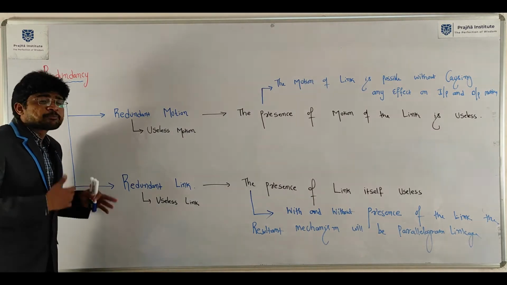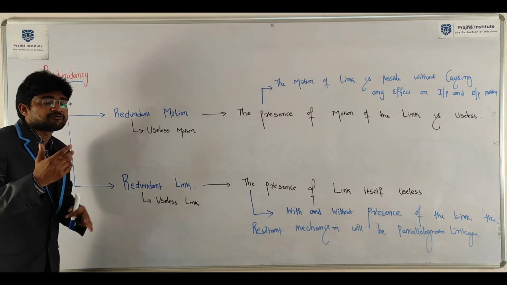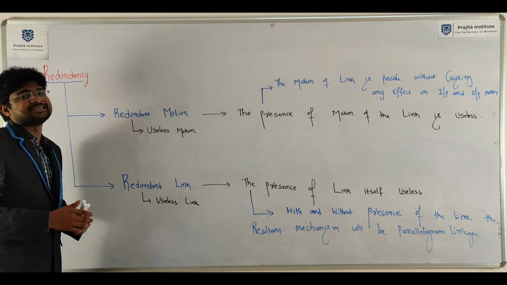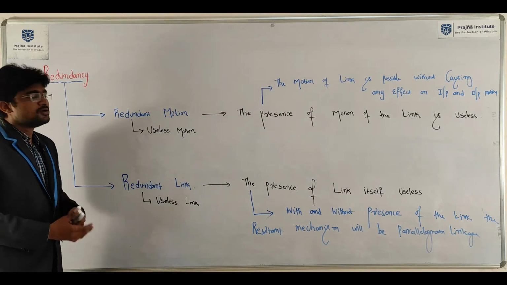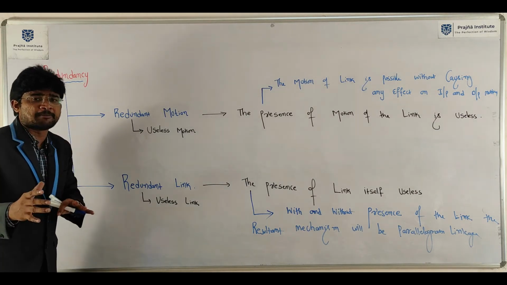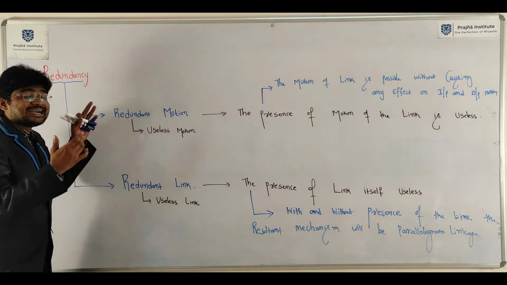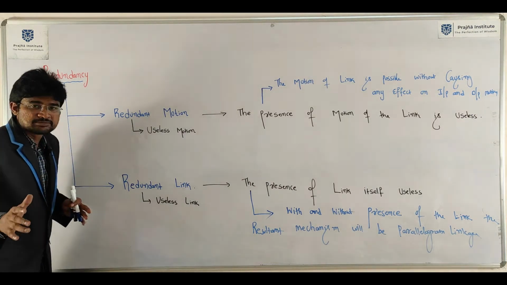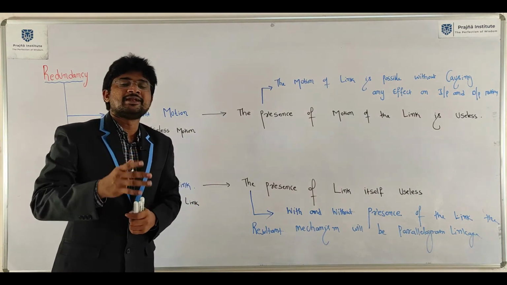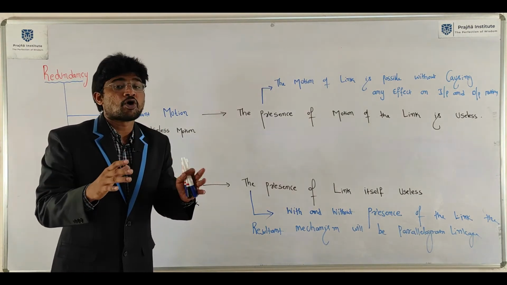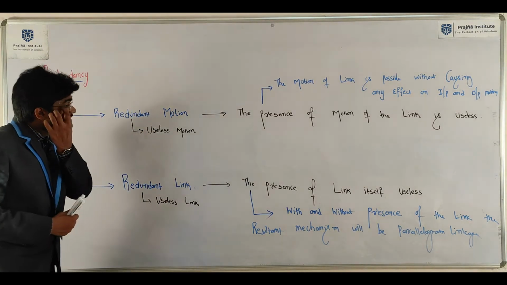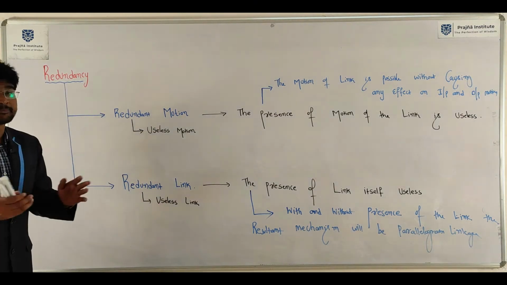And we need to follow a procedure when a redundant link is present. Don't apply Grubler's criteria directly. It will definitely give wrong results. That is why we are discussing these two topics separately.